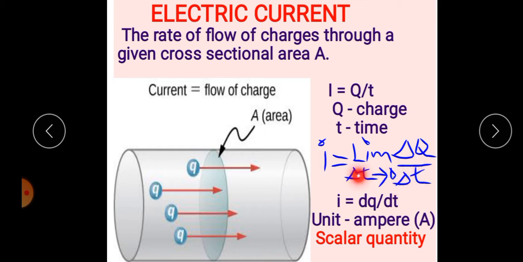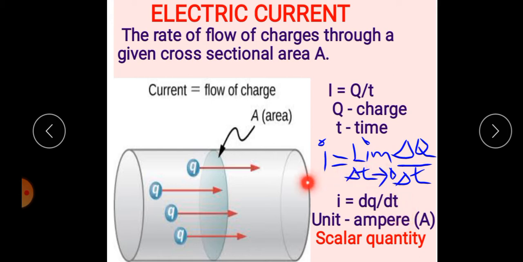If the rate at which charge flows changes with time, current also changes. It is defined as the limit of the average current, I equals limit delta t tends to 0 of delta q by delta t. This is nothing but i equals dq by dt. Are you clear? Okay. The SI unit of electric current is the ampere.